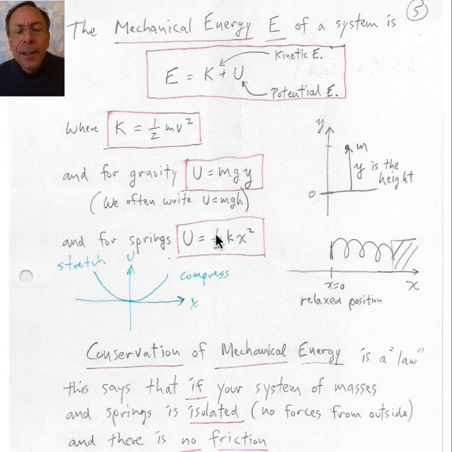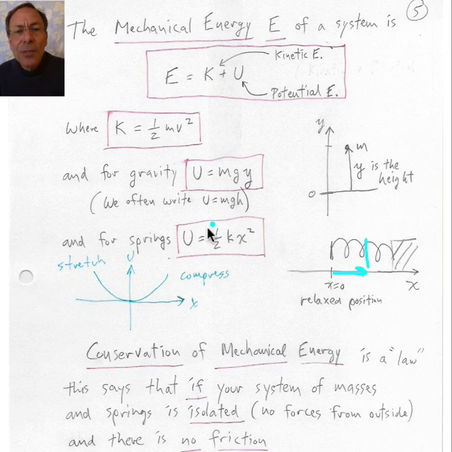Okay, and then finally, let's continue. If you have springs in your system, then the part of the potential energy having to do with springs is given by 1/2 kx squared, where x is the displacement of your spring. So if you have the spring squeezed to this place, then x is this distance here.